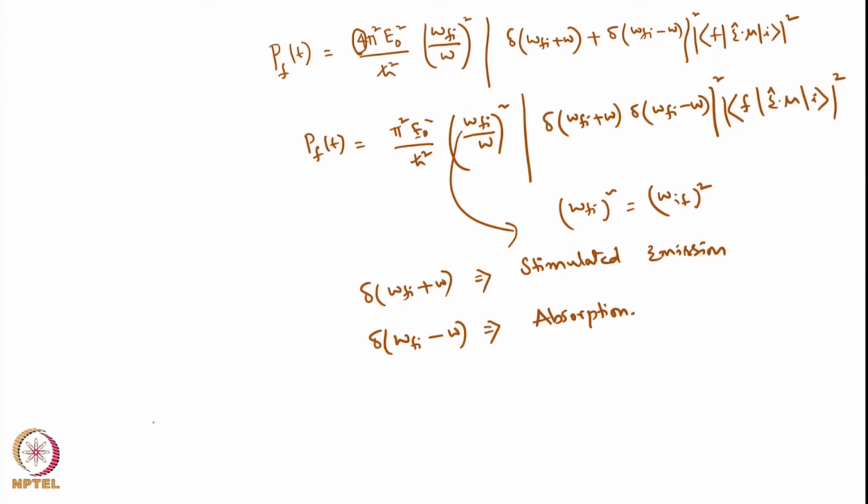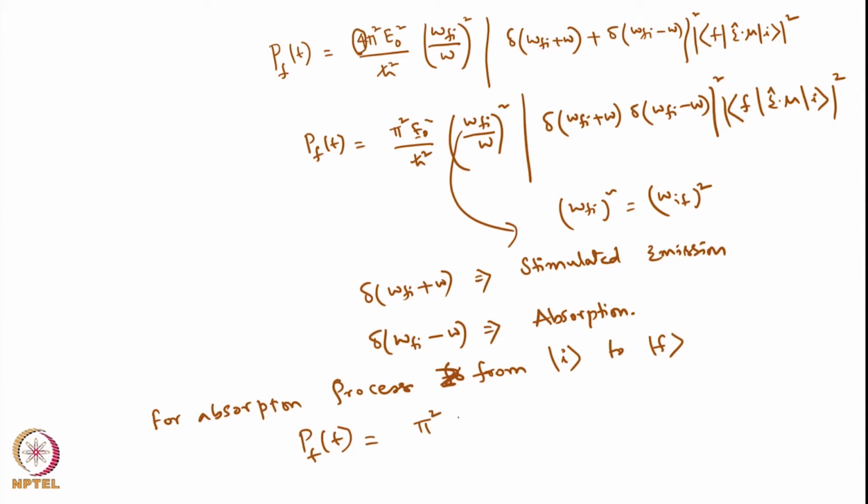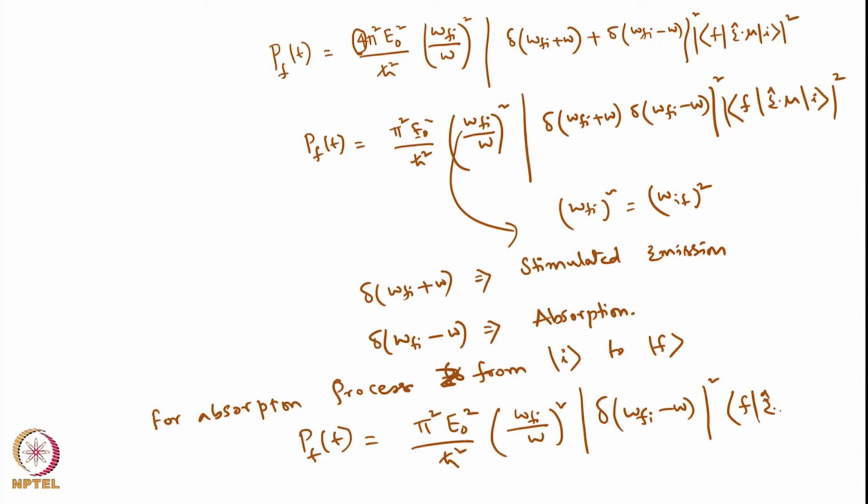So if we consider the absorption process from an initial state I to a final state F, then Pf of t is given by pi square E naught square by h bar square, omega Fi by omega square, delta omega Fi minus omega square, F epsilon dot mu I whole square.